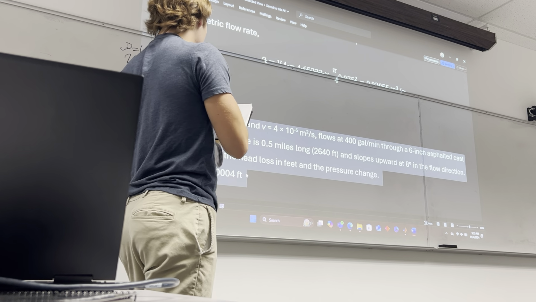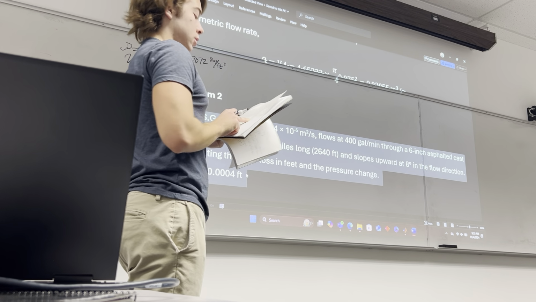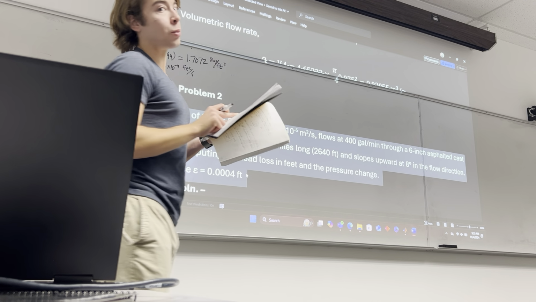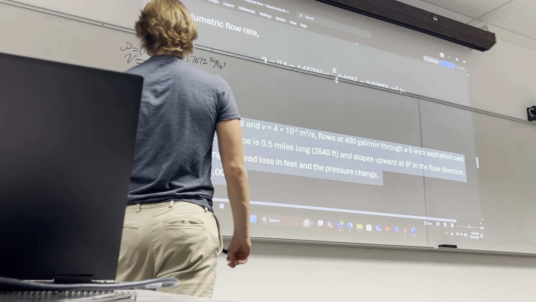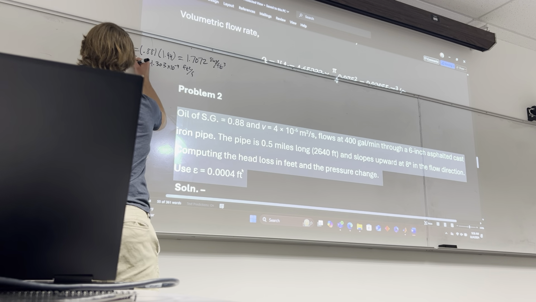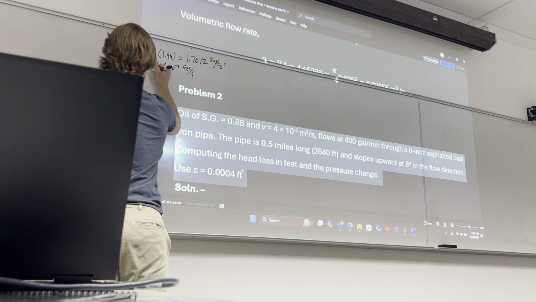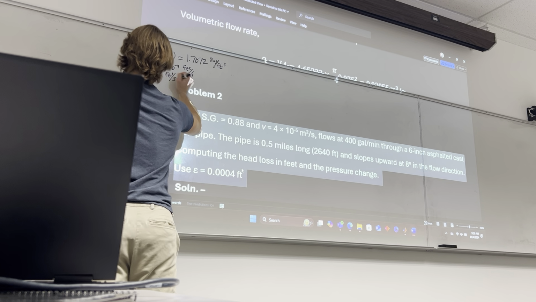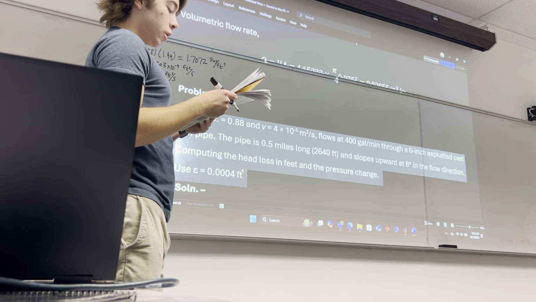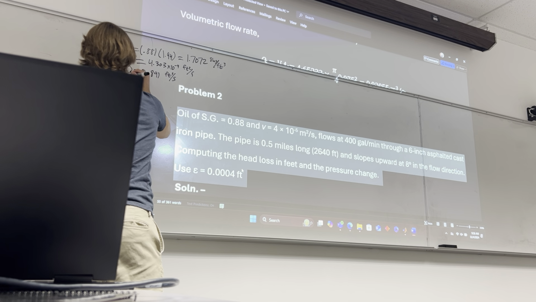Let's see what else we know. Q is 400 gallons per minute, so converting that to cubic feet per second, Q is 0.891. Diameter is 0.5 feet.